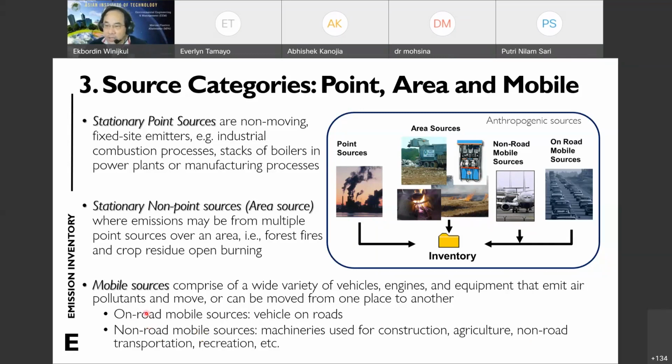In that case, if you already classify those buses as on-road, then you don't need to count them as non-road again. But you can see that for the bus used in the airport, in some emission inventories people classify it as on-road, and in some emission inventories people classify it as non-road. So this type of thing, I think you need to be careful about when you develop an emission inventory and also when you compare your emission inventory to other studies.